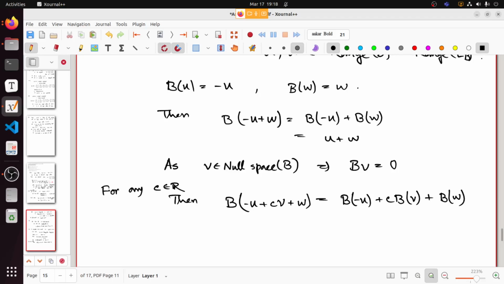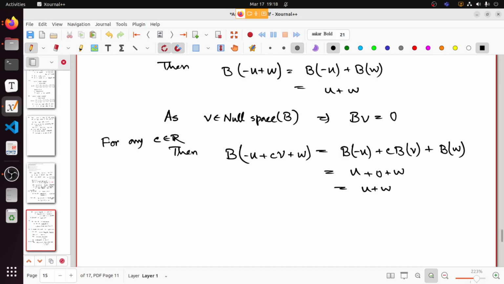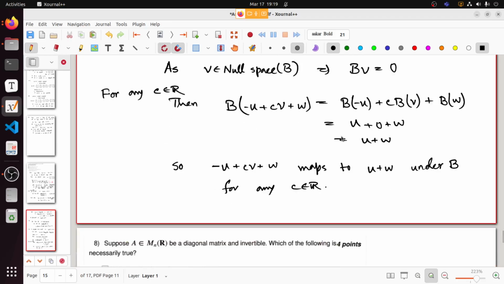And B of minus u is u, B of B is 0, plus w, so it will map to u plus w. So these are infinitely many vectors, right? Minus u plus CB plus w maps to u plus w under B for any C. So there are infinitely many vectors which will map to u plus w.